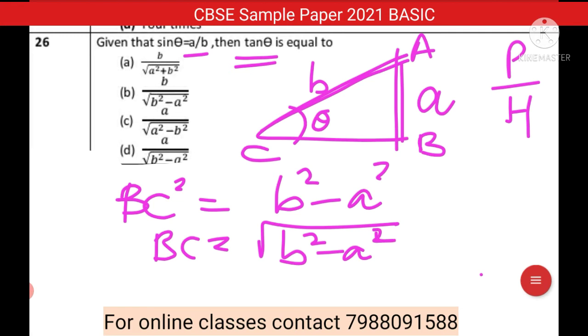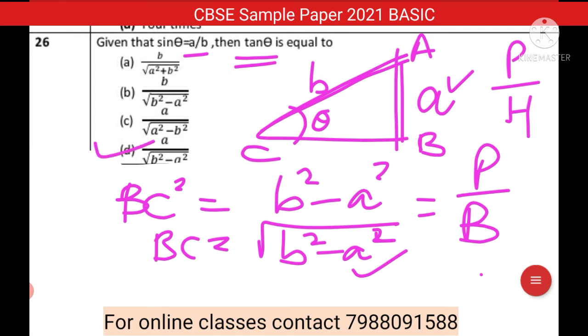Now what is the formula for tangent theta? "Through proper brush." Now I'll tell you this poem just after this question, and the formula for tangent theta is P upon B. So my answer comes out to be A upon root B square minus A square, which matches with option D. Hence, D is the correct answer.